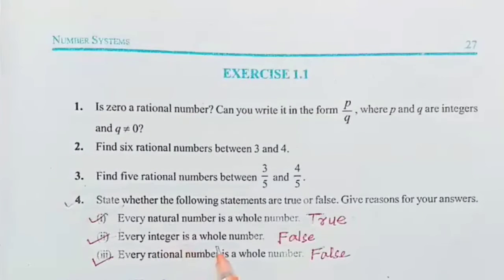And what are the whole numbers? 0, 1, 2, 3, 4, 5, 6, etc. So every integer is a whole number. This statement cannot be true because in whole numbers there are no negative numbers, but in integers there are negative numbers also.